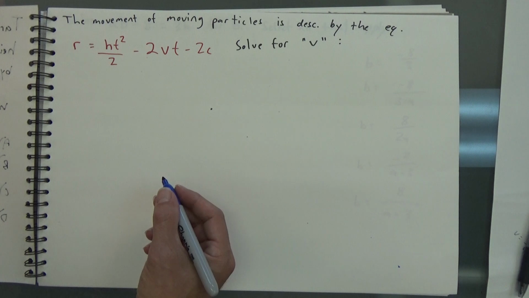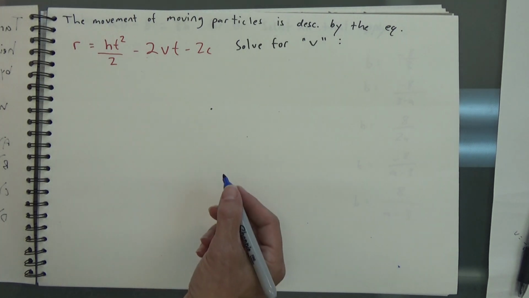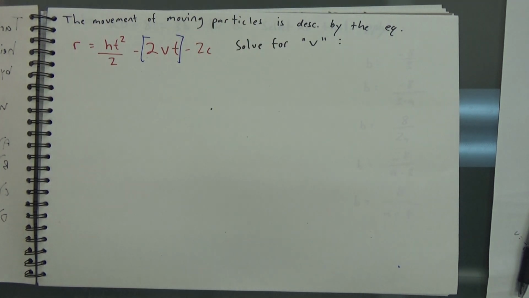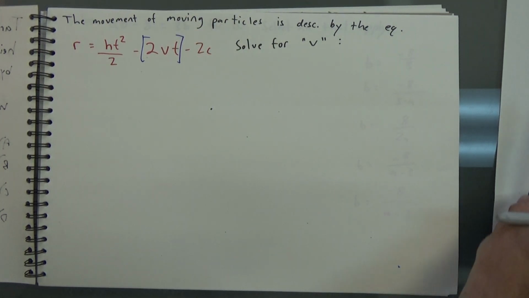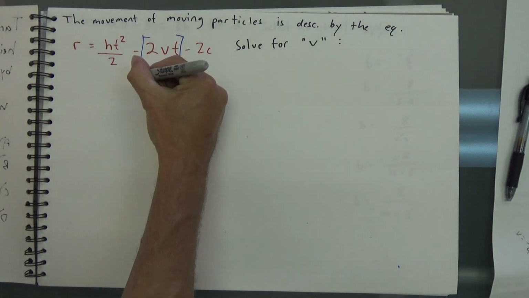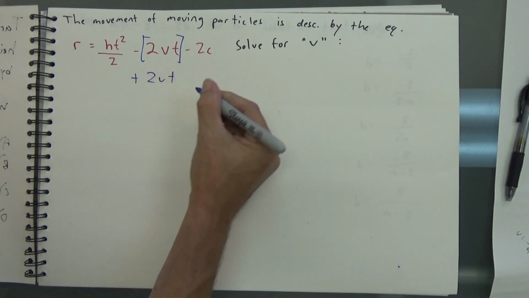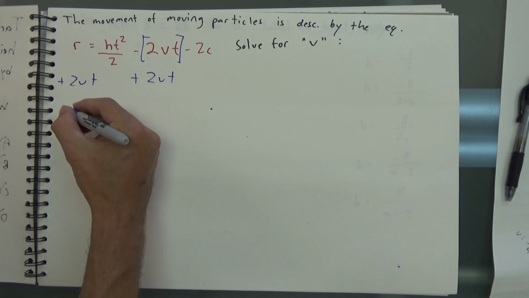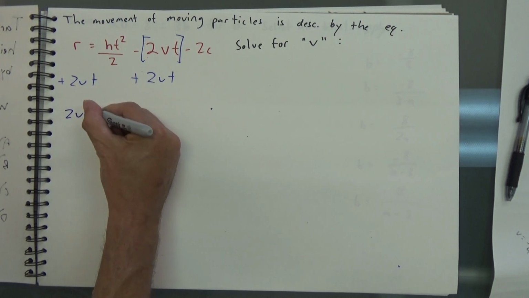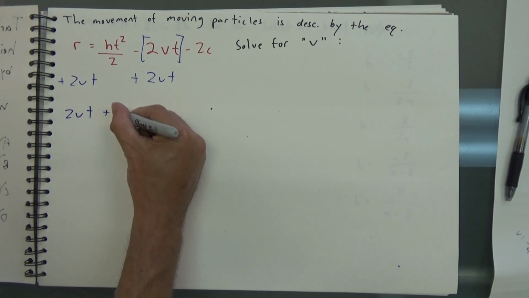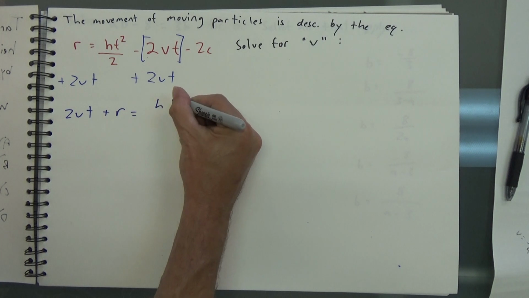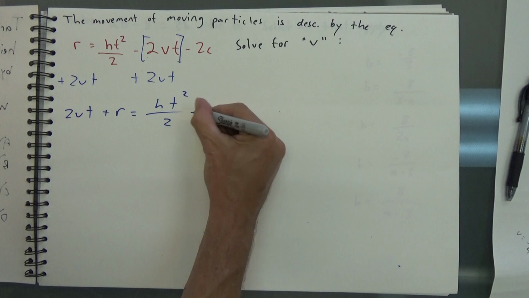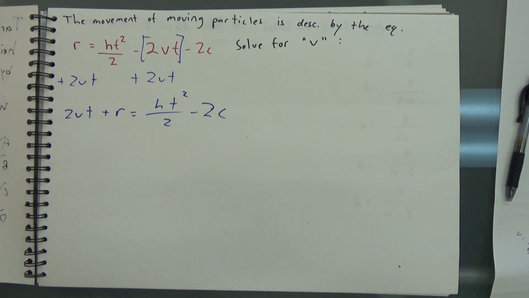So what I want to do is isolate v. I want the term with v in it to be by itself. So what I'm going to do is add that term to both sides, and I'll get 2vt plus r equals ht squared over 2 minus 2c.